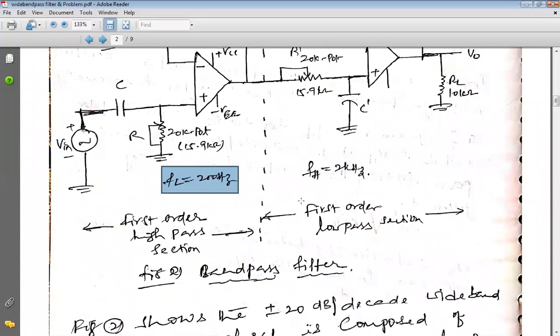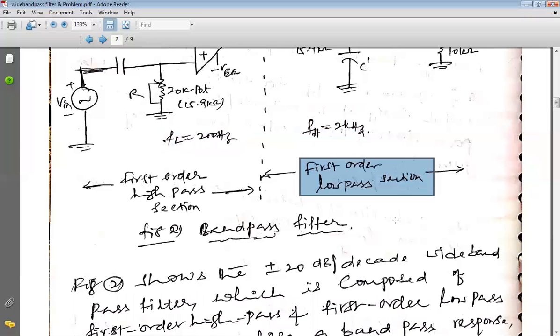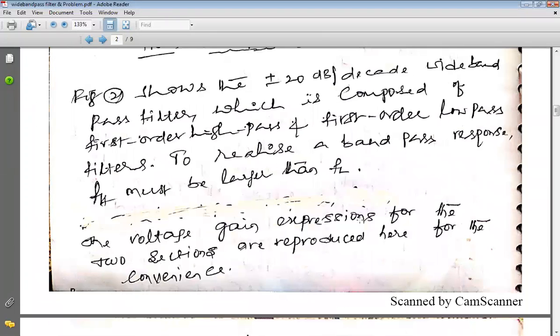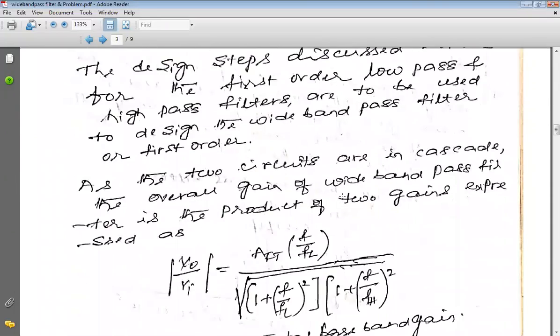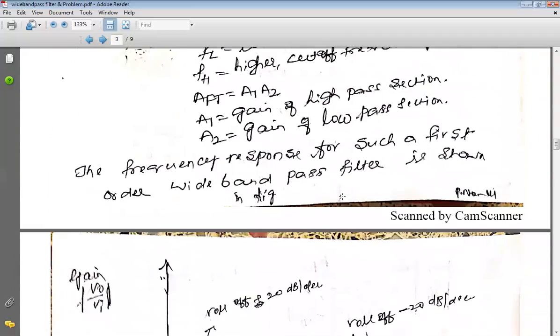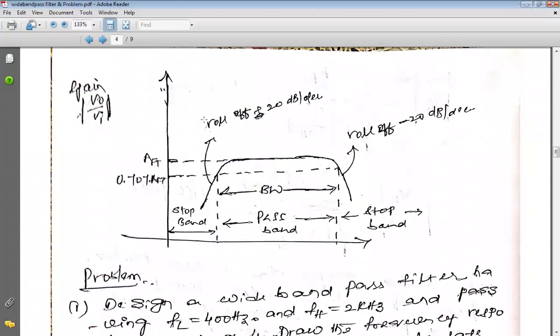200 hertz to 2 kilohertz, because this will be achieved by the first order high pass filter section as well as the first order low pass filter section, because we need the waveform in such a way that it has the roll off rate.